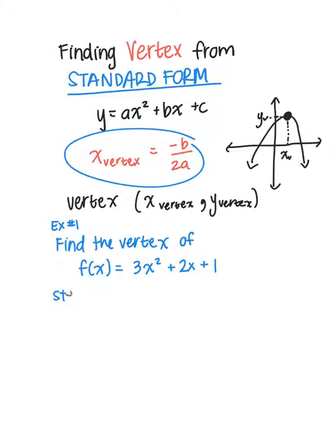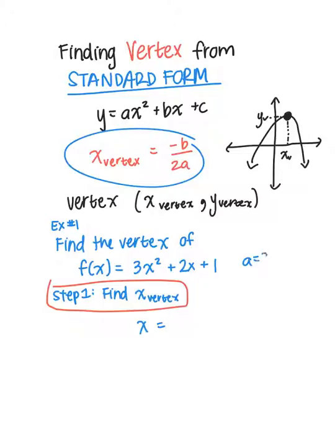So step one, find x vertex. Okay, which we know is going to be, if we have an a of 3, a b of 2, and a c of 1, negative b over 2a, which is negative 2 over 6.